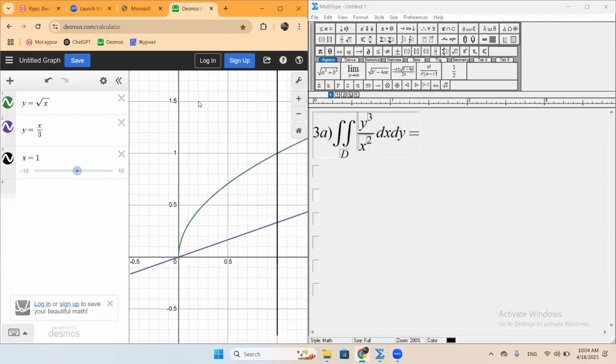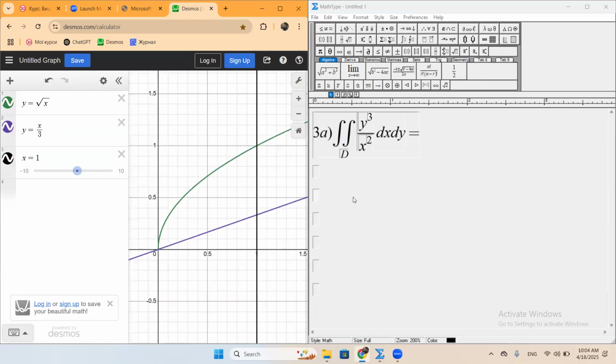So we have such a region. Let's first of all describe this region. So x changes from 0 to 1. And what about y? y changes from x over 3 to square root of x.